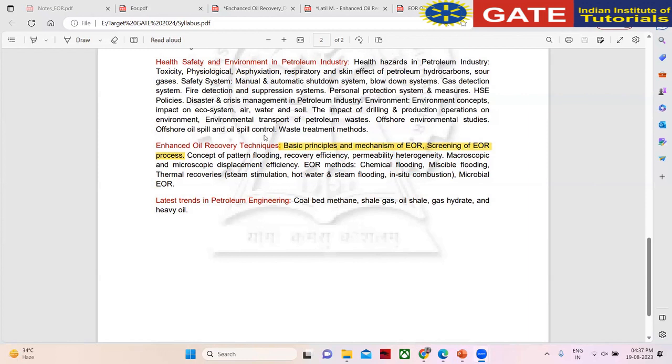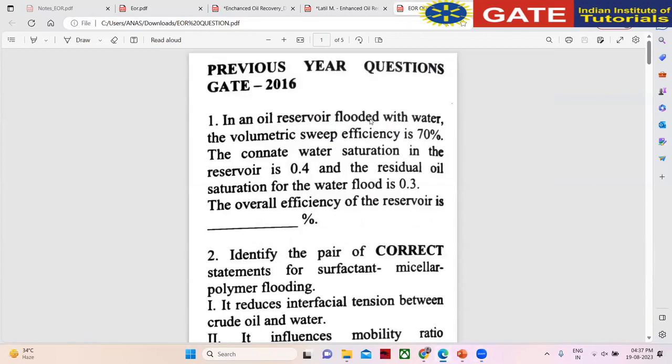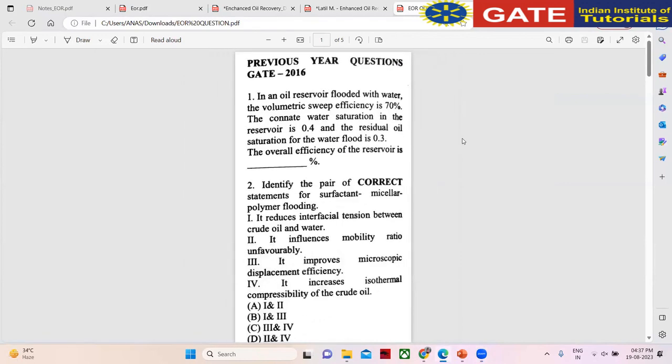Numerical questions, the numerical part. All the numerical questions will be asked from the efficiency part, the recovery efficiency part. This question is also from your recovery efficiency part.